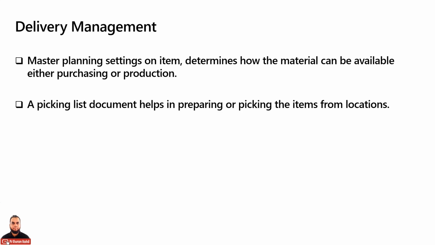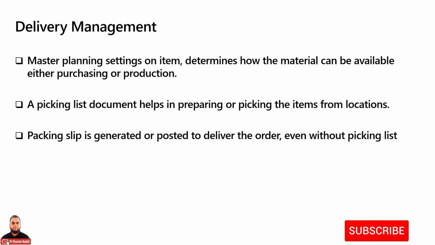A picking list document is an optional document which helps us in preparing or picking the item from a location. Advanced warehousing concepts exist, which we will not cover; we'll only cover simple warehousing. A packing slip is generated or posted to deliver the order. A packing slip is a physical document, meaning a stock document which will reduce our inventory and increase the inventory of the customer.